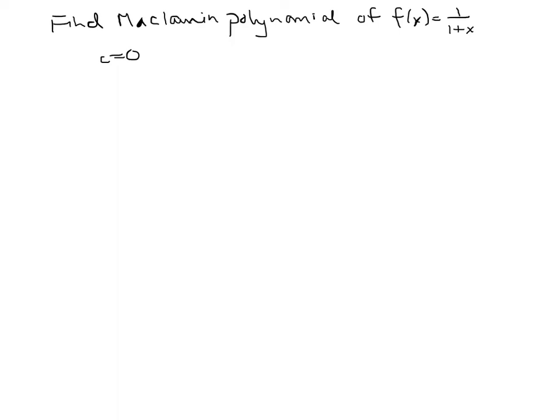Let's make this a little bit more interesting by making it 1 over 1 plus 3x, and let's find the Maclaurin polynomial up to degree 3. What this means, degree 3, is that we want to stop when we get x cubed, so we want to stop when n is equal to 3.